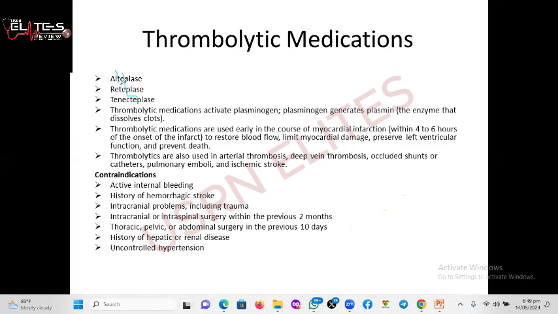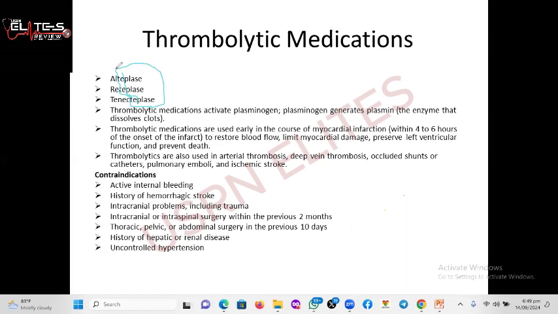They end with "-teplase". Probably you will not meet these three, but I think these are the most common ones you see a lot in the NCLEX. If you meet something with "-teplase", you just have to know that it is a thrombolytic and it is being given to dissolve a clot.